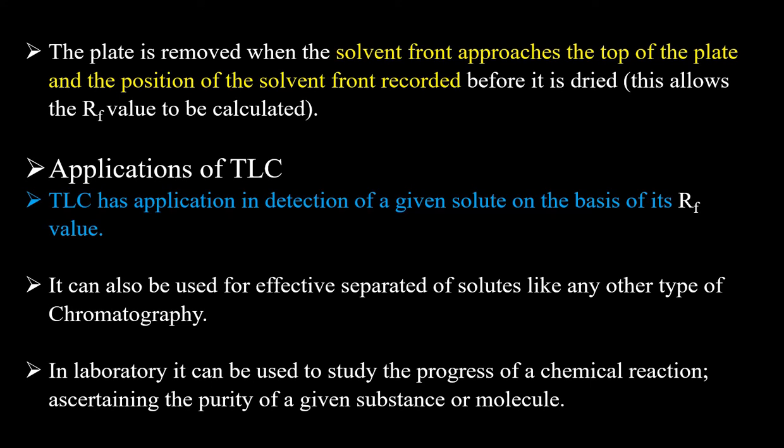This allows the RF value to be calculated. For the calculation of the RF value we need the distance traveled by the solute divided by the distance traveled by the solvent.